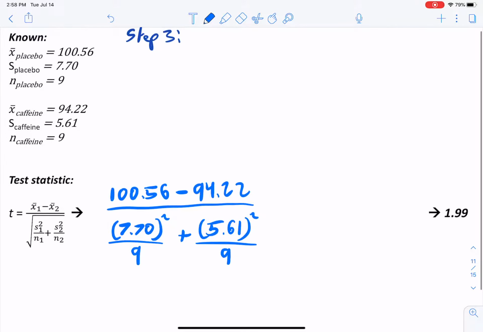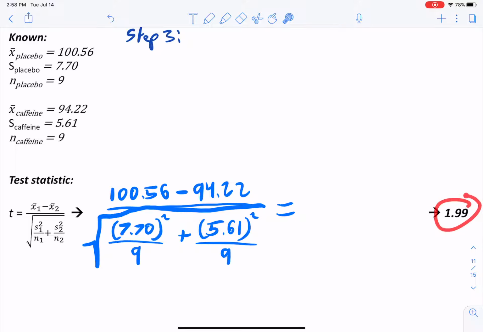Sometimes they won't be, so do keep track of that. And this is all underneath the square root sign, right? So you do a little bit of magic, and it turns out that you get a test statistic of 1.99, effectively 2. We'll leave it at 1.99 though, because I'm pretty sure I rounded it already. But that's what you get. Sweet.